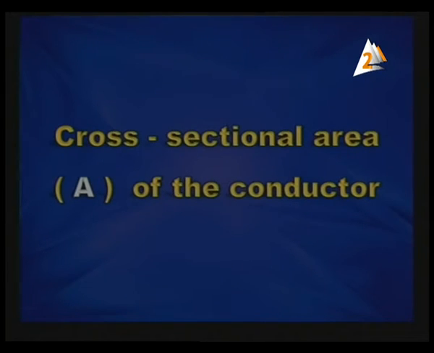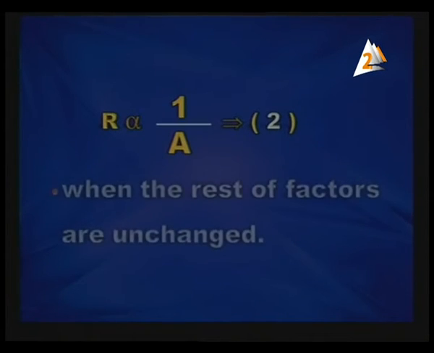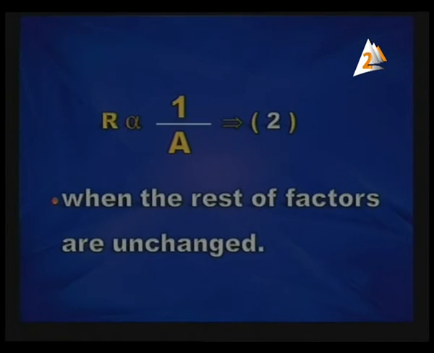The second factor affecting the electrical resistance is the cross-sectional area. Area is denoted by capital A, and we've got an inverse relation between resistance and area. So R is directly proportional to 1 over A. This is the second equation, and of course this is quite true when the rest of factors are unchanged.